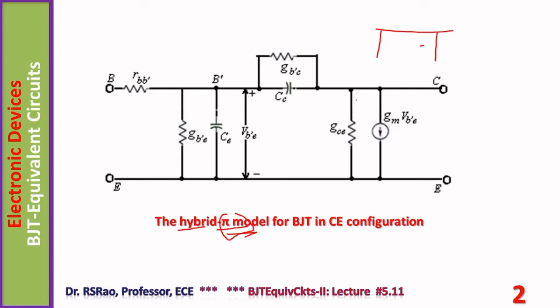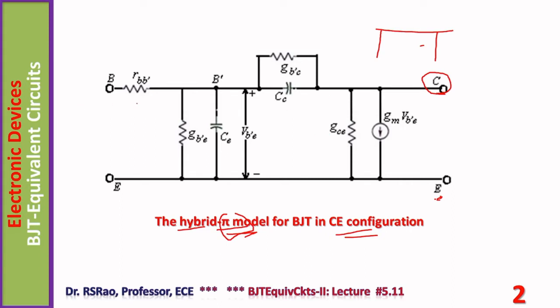That's why it is pi. Emitter is common, so this is the common emitter configuration. We are going to see this same circuit can be used even for the CC configuration. Of course, in such a case, the collector terminal is going to be the common, but the circuit remains the same.